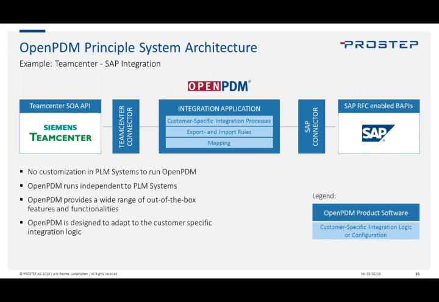So you don't need any customization in order to run this within your PLM. It has a huge amount of out-of-the-box flexibility for connectivity, and it doesn't run in any of these PLM systems. You can run it outside, and it is highly adaptable to what type of business logic you want to put into it.